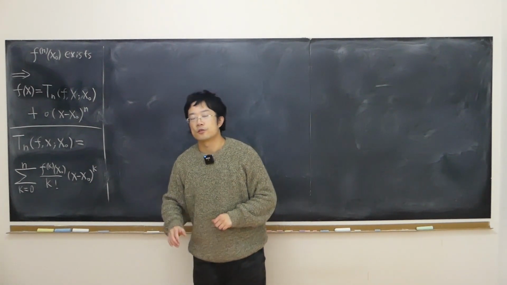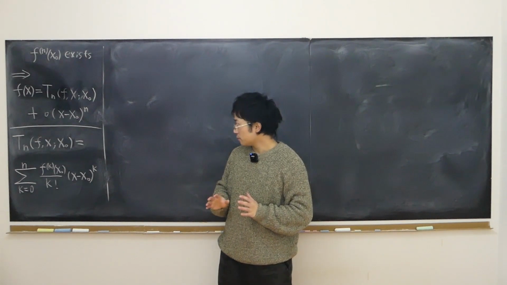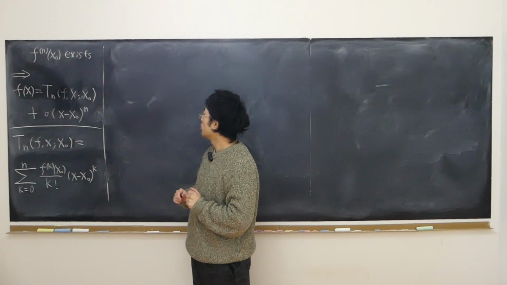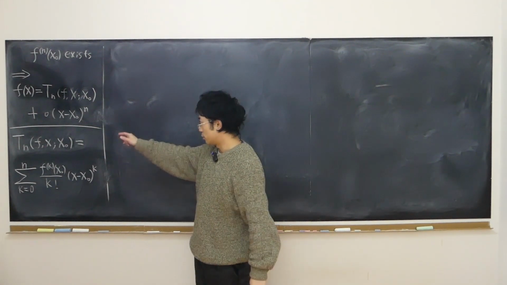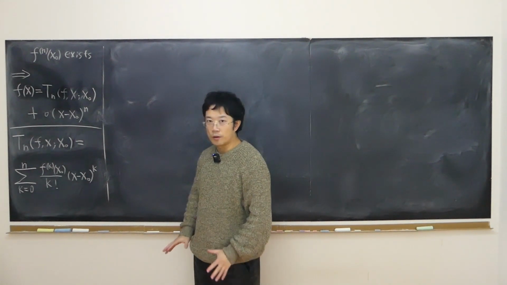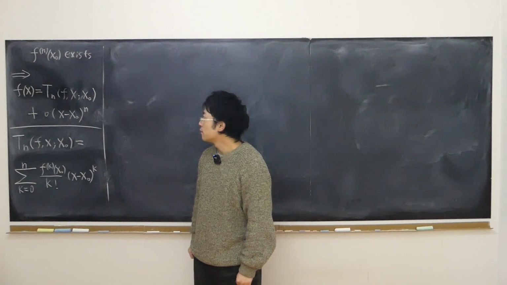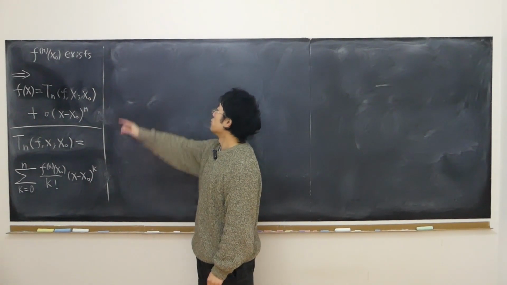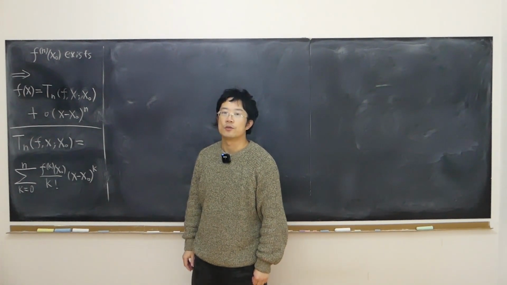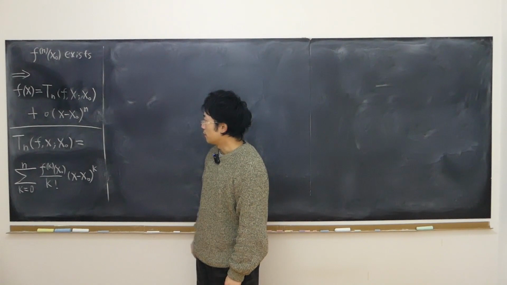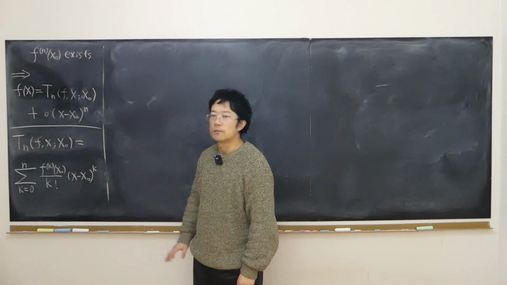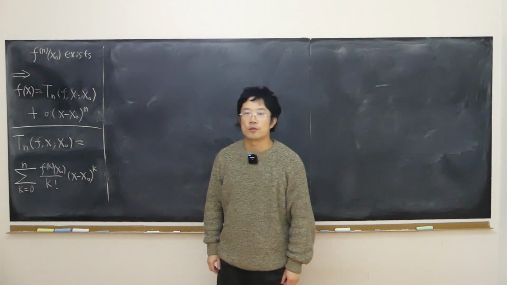This motivates us to make the conjecture that a function can be written as a Taylor polynomial of degree n plus little omicron of x minus x naught to the power of n, n being any positive integer, as long as we assume that the nth order derivative exists at x naught. That's our assumption. Under this assumption, is this Taylor expansion theorem true? That's our motivation. I'll prove that in a future video rigorously.